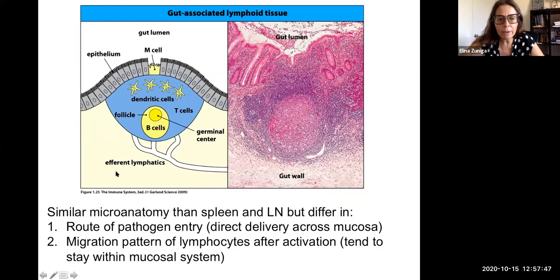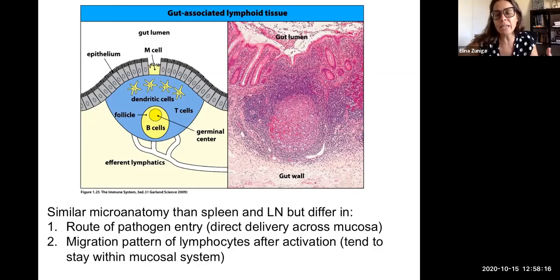So the other difference is that many times the migration pattern of lymphocytes after they have been activated in these gut-associated lymphoid tissues is that they tend to stay within this mucosal system. So these activated T cells from the gut will recirculate and stay within the gut mucosa.